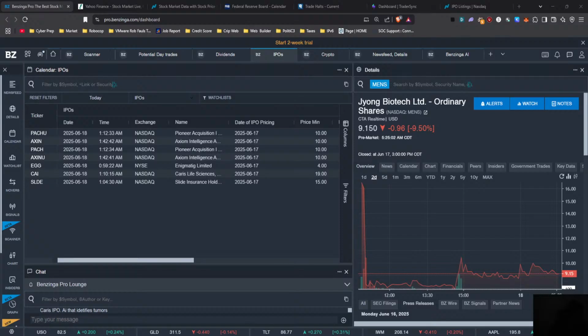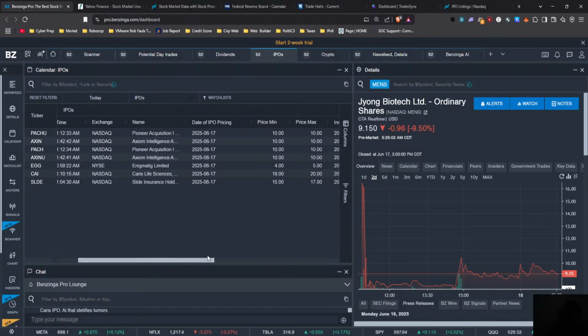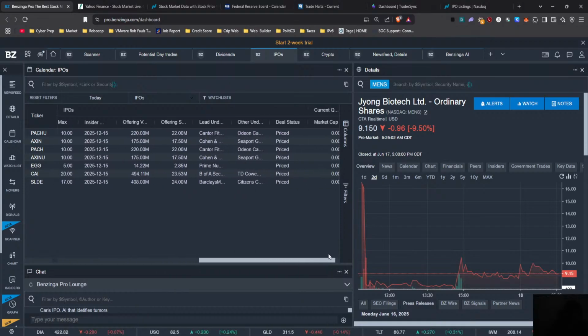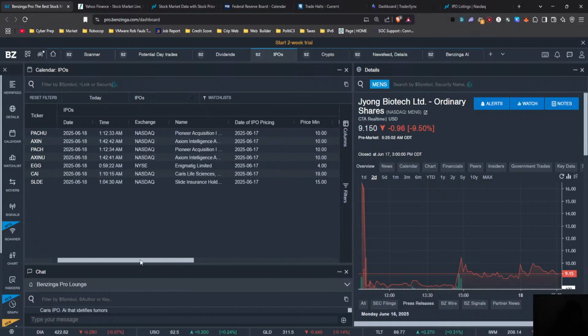Egg came up, and then CAI, and then slide. SLD. Okay, so those 3 came up as tickers: slide, CAI, and egg. I don't know why these other ones didn't come up. Not sure. We'll look into it.